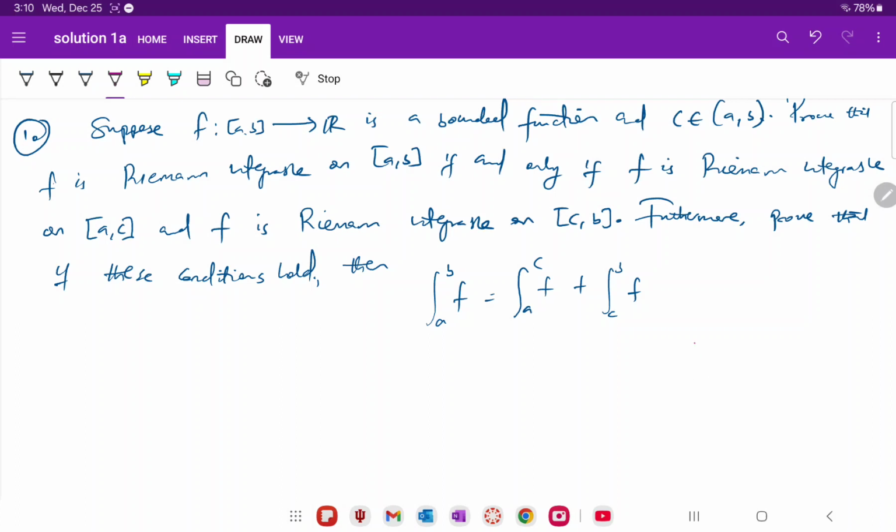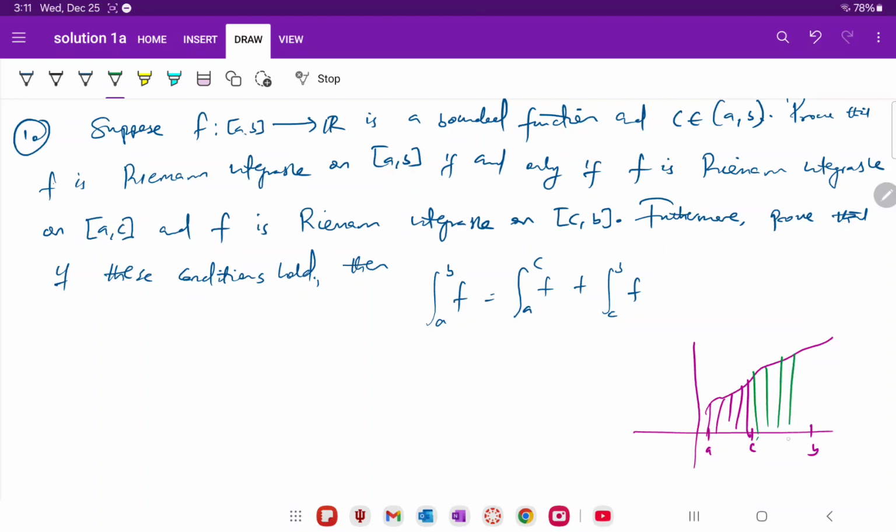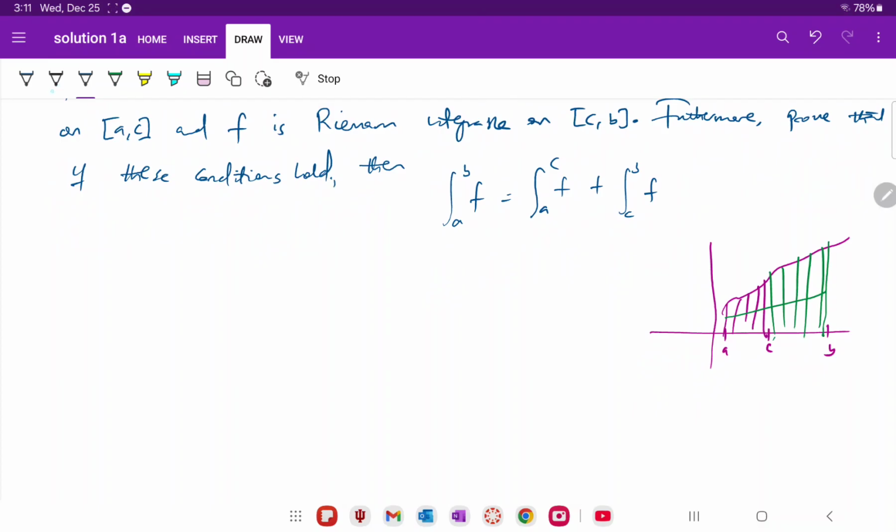So if we look graphically, assume that our function is of this form, then we have a to b, so we have c here to b. So the area under this, and then from this point to that point, is just the sum of these two areas. And that is what you want to prove. So let's first of all do the forward direction.